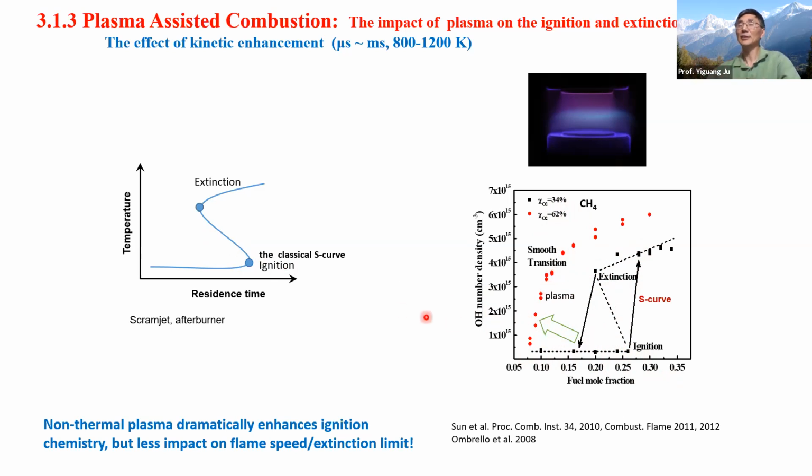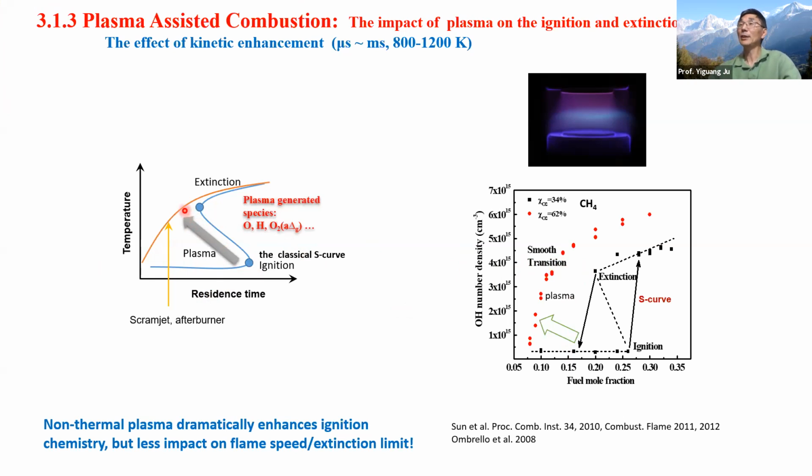From this figure, we conclude that plasma can at least accelerate ignition, making the ignition time so short that if you put in fuel, some reaction will be there. In addition, this curve also shows that even though the plasma effect on flame extinction is smaller compared to ignition, it can still extend the extinction limit a little bit.